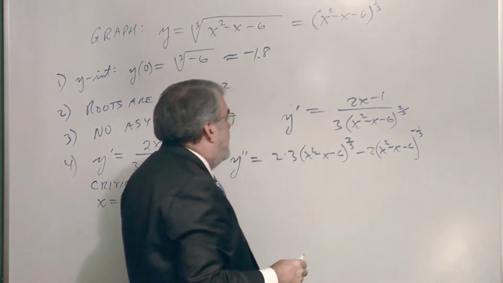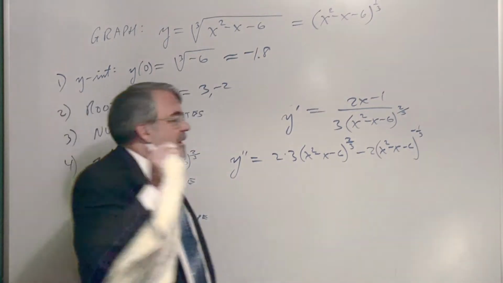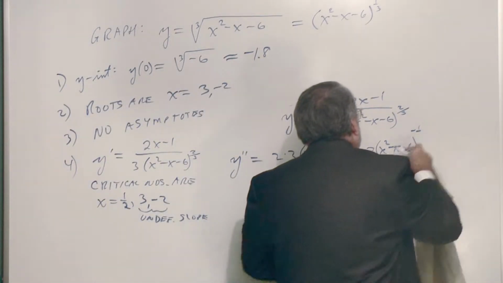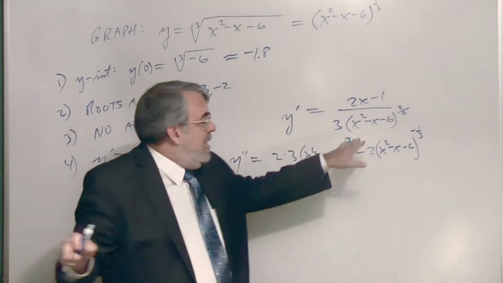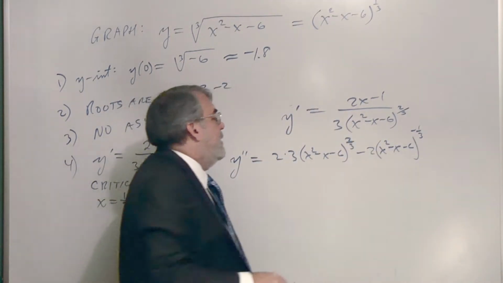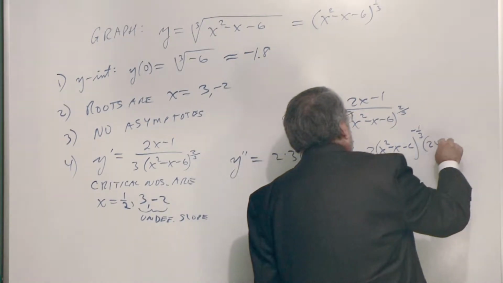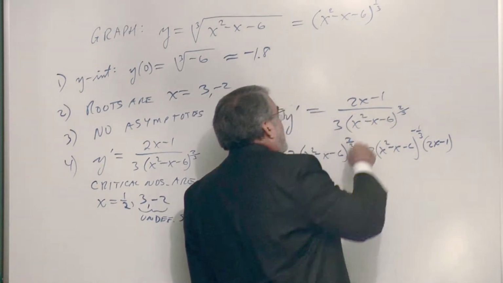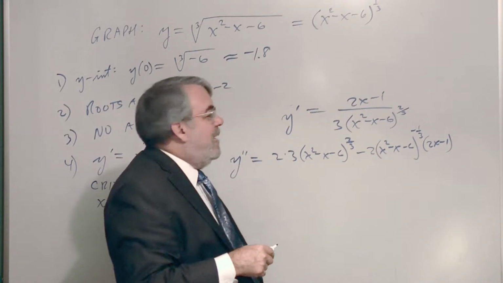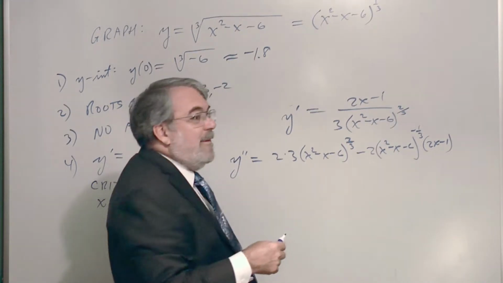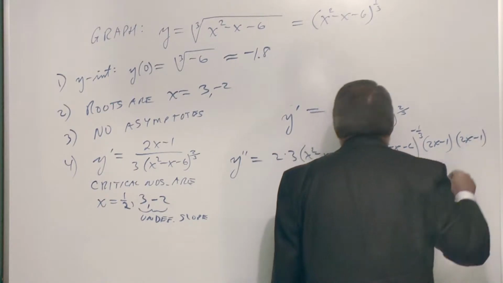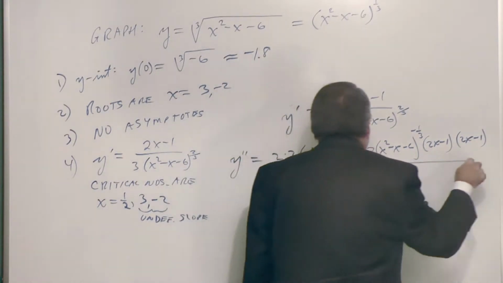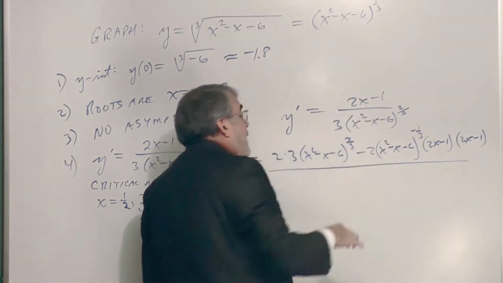And then we multiply by this derivative, do the chain rule, times 2x minus 1. And then we multiply by the numerator, which happens to be 2x minus 1, doesn't it?